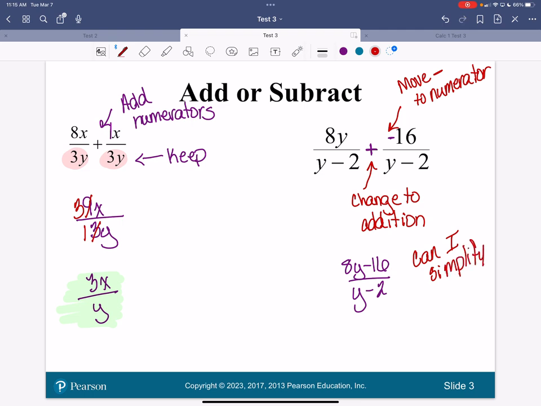What can I do in the numerator? Good, I can take an 8 out. So then I am left with 8 times y minus 2 over y minus 2. My y minus 2's cancel, so what's my final answer here? Positive 8 is my final answer right here.